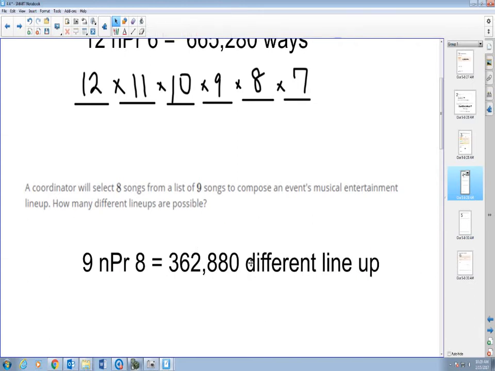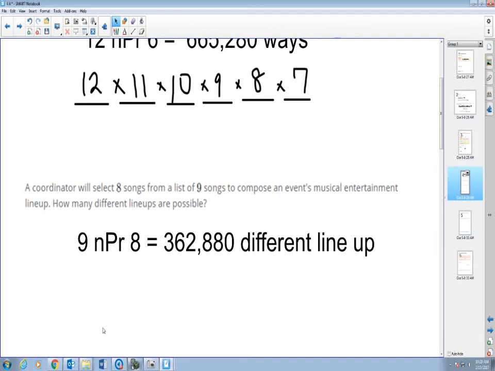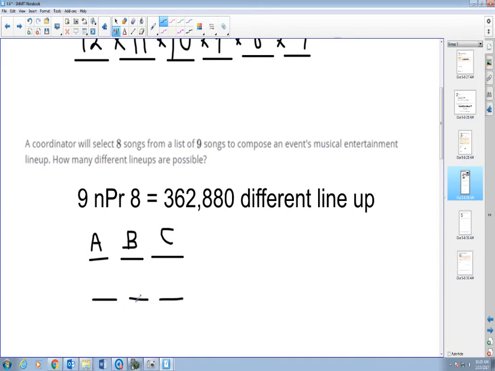Different lineup of songs. Okay. So if you really think about it, in a group of 9 songs, if you pick 3 different songs, let me use letters: song A, song B, song C. Is that the same lineup as if I would pick song C, song A, and song B?